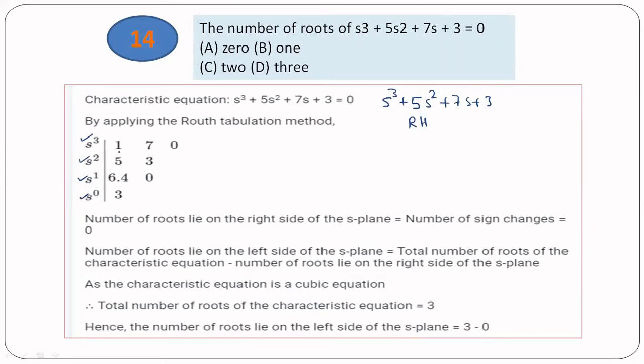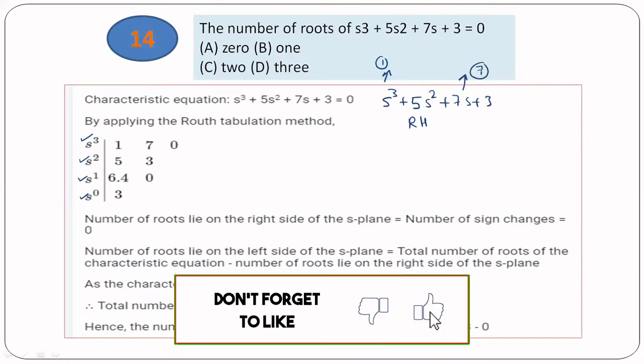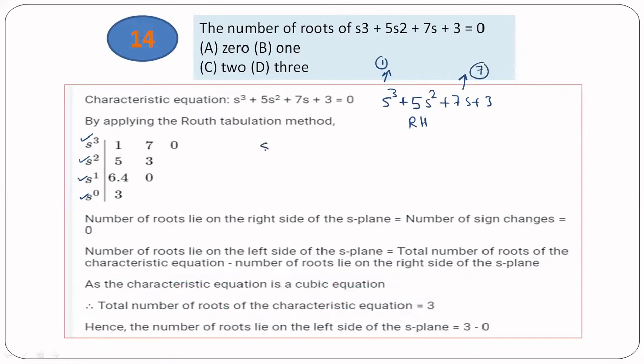First of all, for the s cube row we write down the odd terms from this equation. The coefficient is 1, and for the next odd term the coefficient is 7. So we write 1, 7, 0 as the coefficient terms.